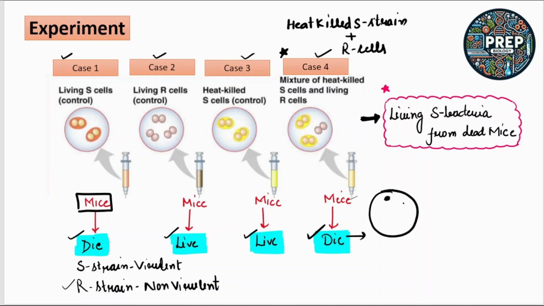He found the R cells, and also he found the living S cells. So he recovered living S bacteria from the dead mice. So what did he conclude?